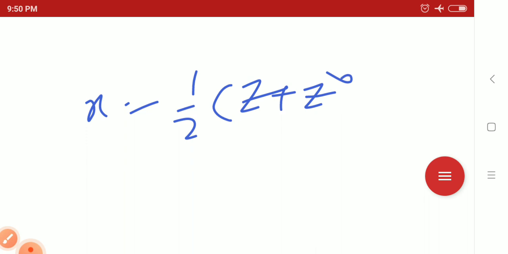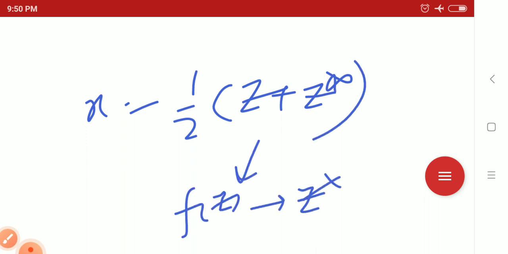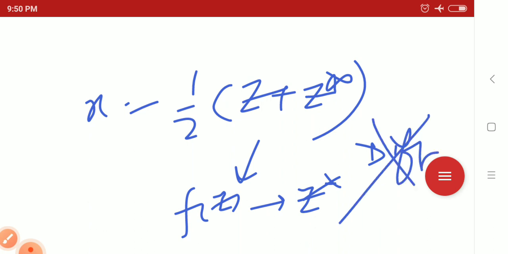That means if a function f of z contains z star, then it will not be differentiable.